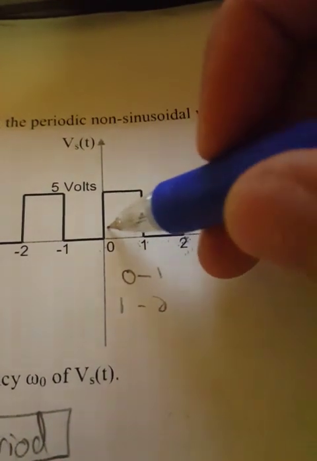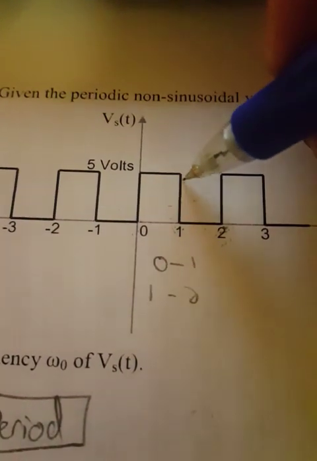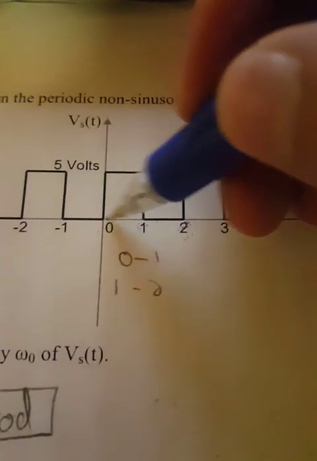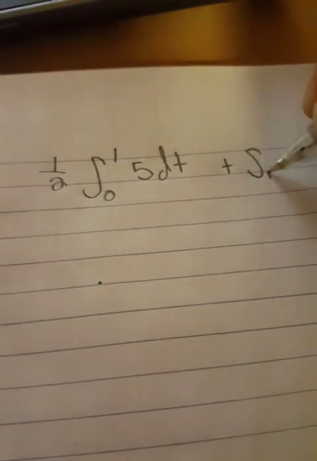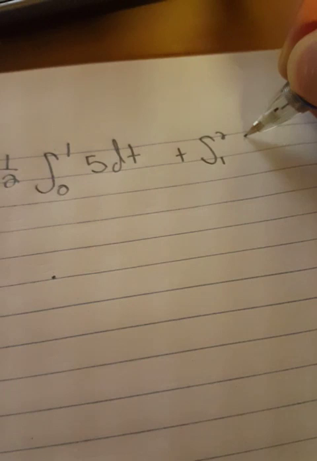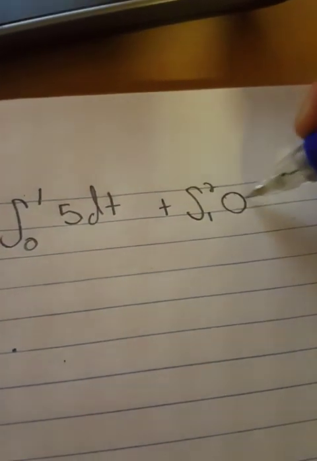From 0 to 1 we have 5, which we know because it says 5 over here, and it continues for one period. So we write down 5 dt. Our second equation goes from 1 to 2, and we see our voltage is only 0, so we write down 0 dt.